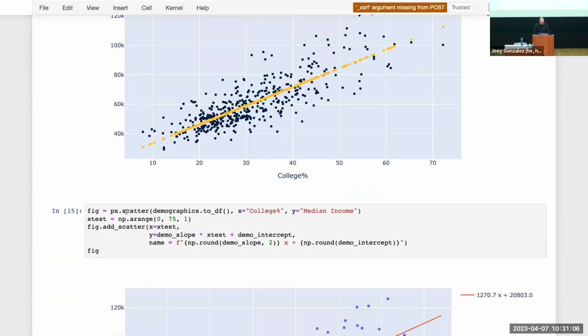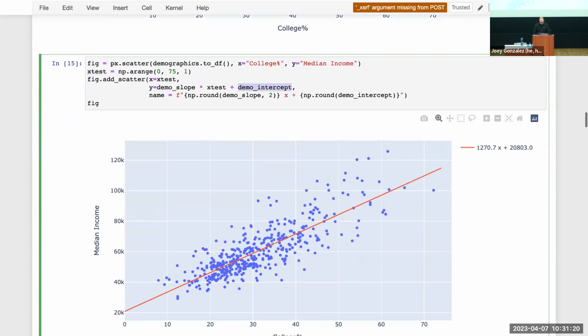So here, I'm going to take a range from 0 to 75, and my y value is going to be the slope I computed times that array from 0 to 75, plus the intercept. And that's going to give me a nice red line that goes through everything. This is the line you'd see in Excel if you said fit a linear line to my data. So it makes predictions between the points. So that is my linear fit.